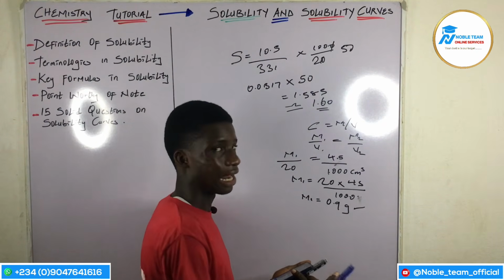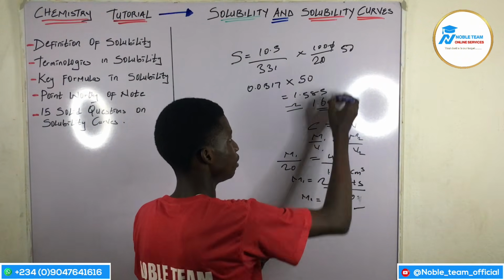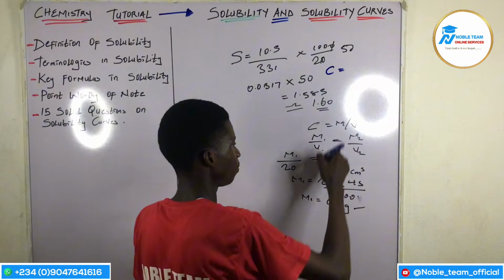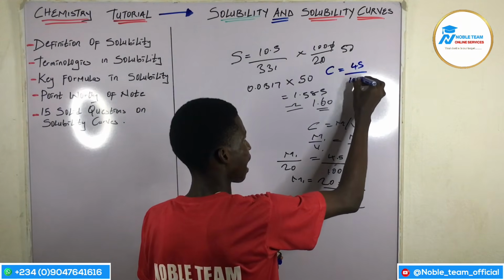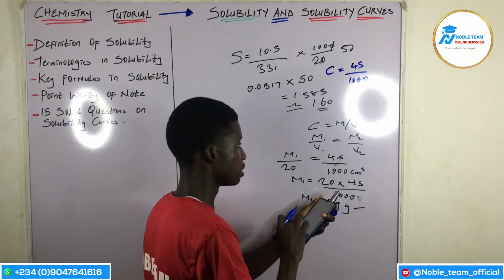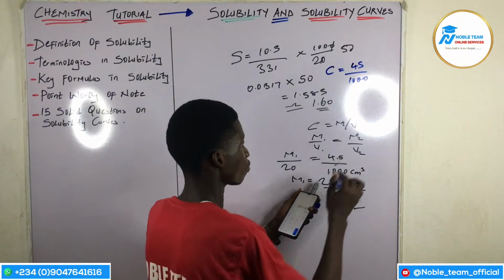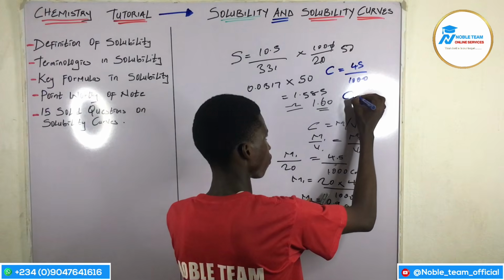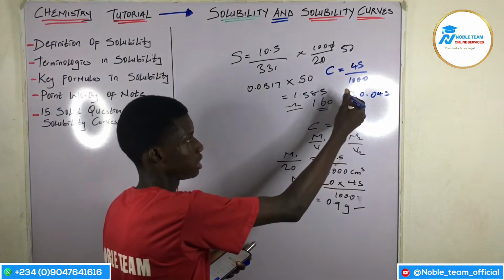Now imagine I have this C, then C is equal to 45 divided by 1000. Now pay maximum attention: 45 divided by 1000 is 0.045. So C is 0.045.